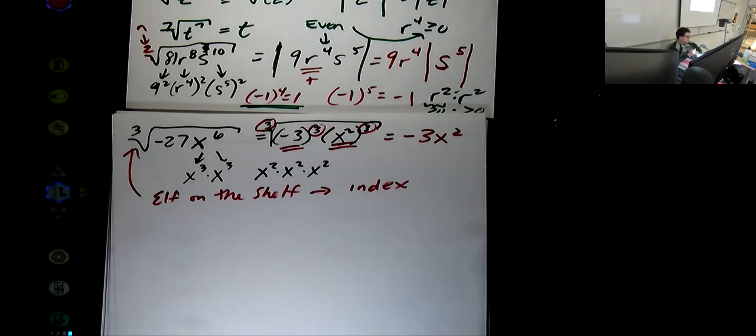And then we can always check to see if it's necessary. If you leave it in the absolute value, it's not wrong. If it's an odd number out here, you're good to go. It just comes out and you don't need the absolute value. In fact, you don't want the absolute value if it's odd.